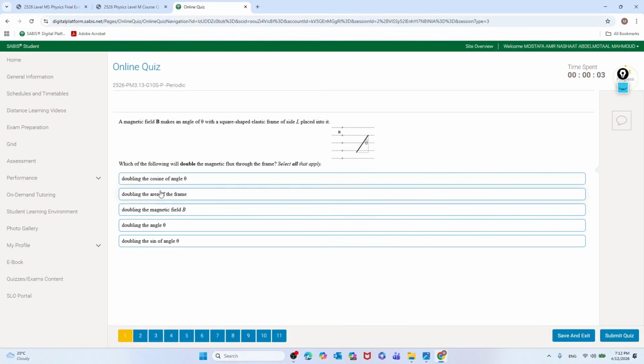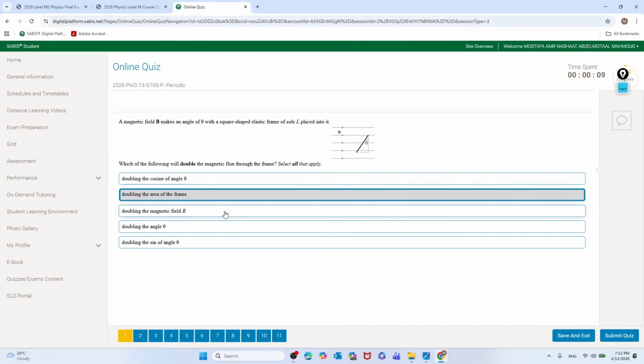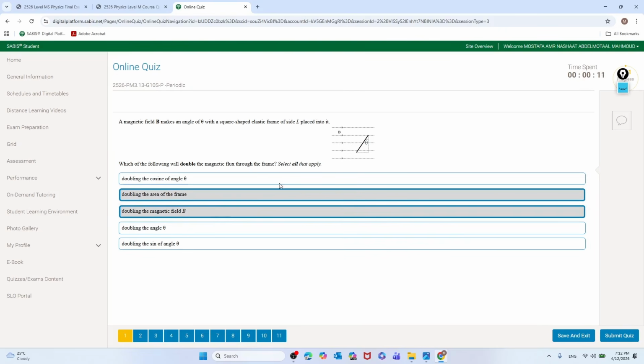Which will double the magnetic flux through the frame? Doubling the area of the frame, yes. Doubling the magnetic field B, yes. Doubling the angle cosine would decrease it.